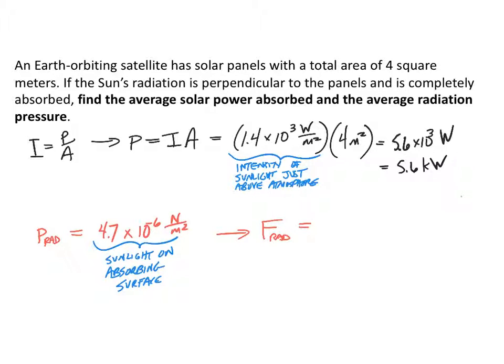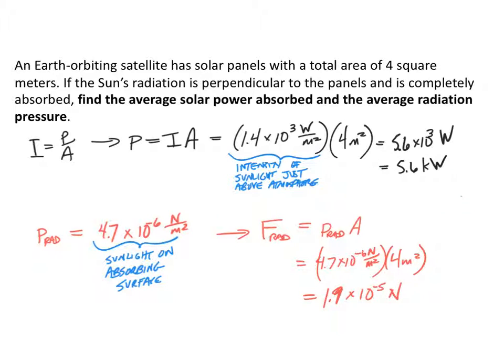Since pressure is force per unit area, the force is going to be that radiation pressure times area, which is this number we just pretended to look up from some table somewhere, times that area. So this problem is simple if you know the formulas, because you look up one value and you're given the other. And so the force of this radiation is 1.9 times 10 to the minus 5th newtons.